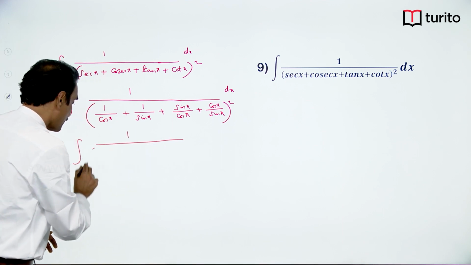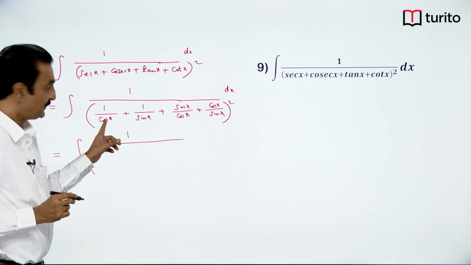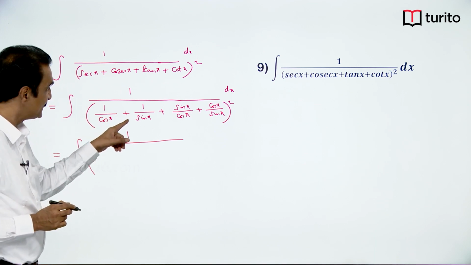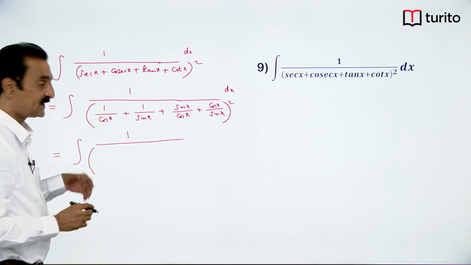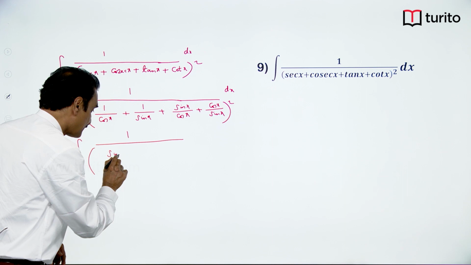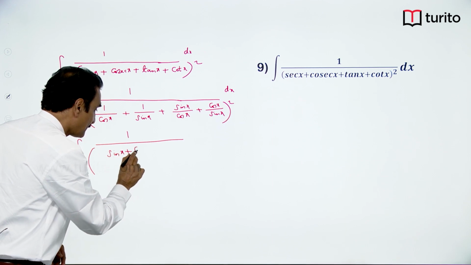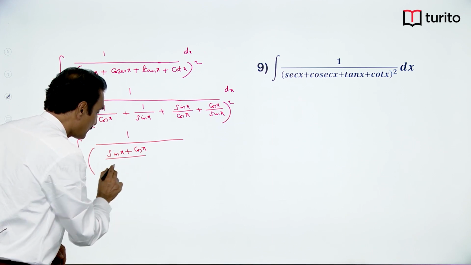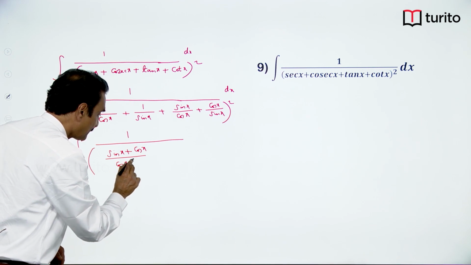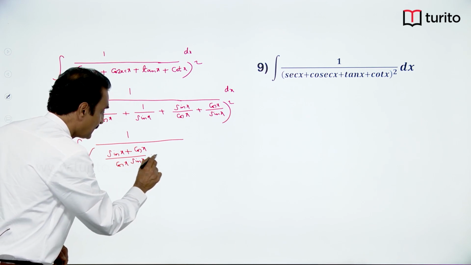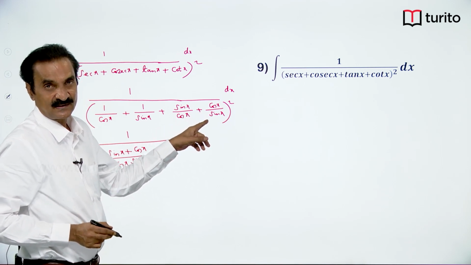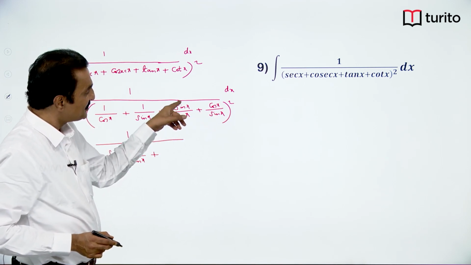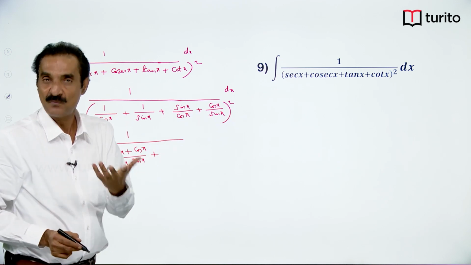1 upon, if you take LCM, LCM of these two is cos x into sin x, numerator becomes sin x plus cos x by cos x sin x. Plus, if you take LCM, cos x sin x is LCM, numerator becomes sin square x plus cos square x, which is 1.